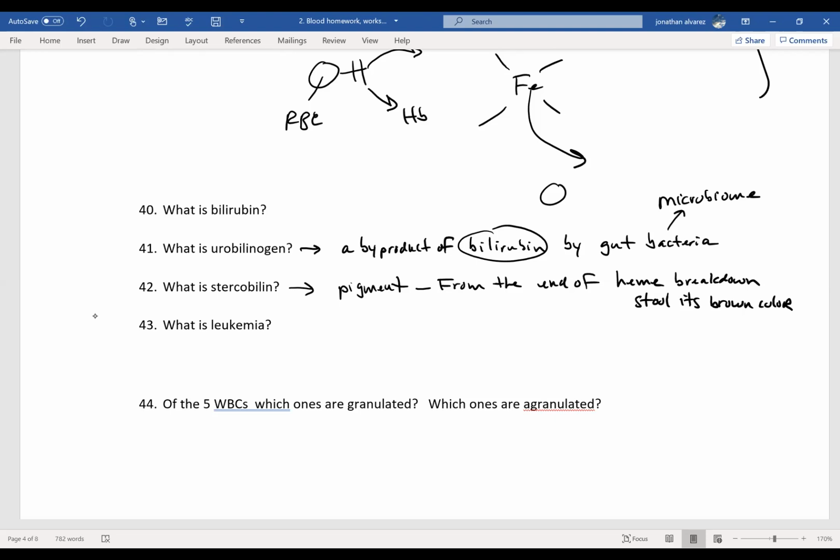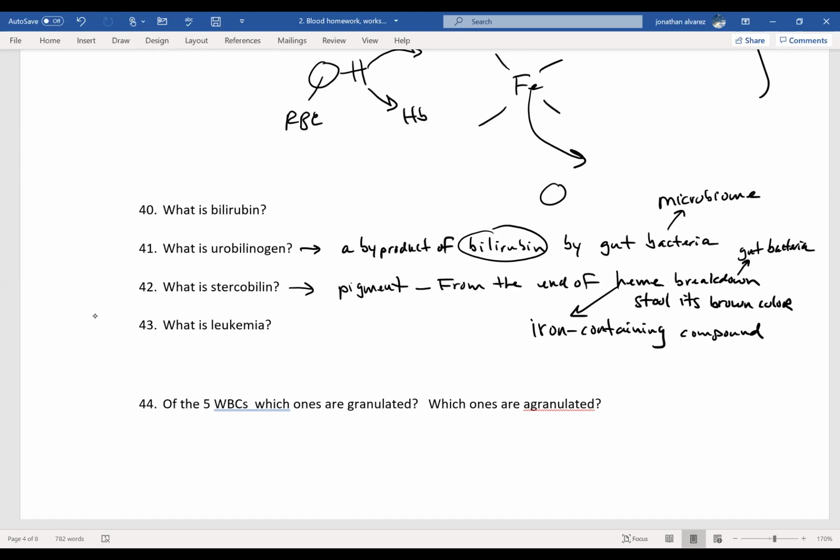The breakdown is also done by gut bacteria. Okay, and heme means iron-containing compound.